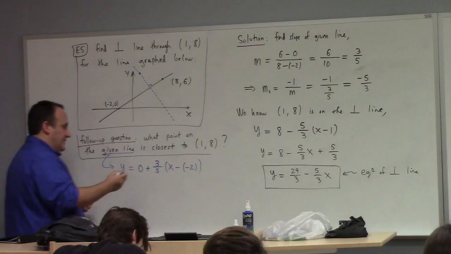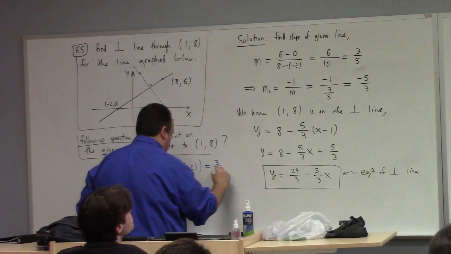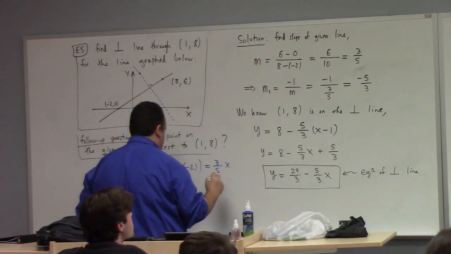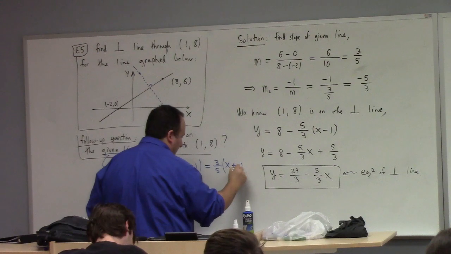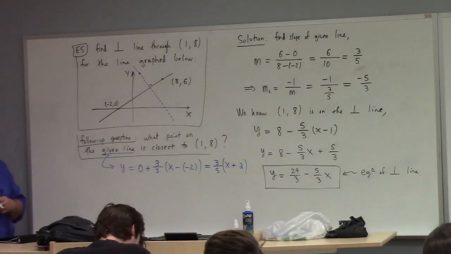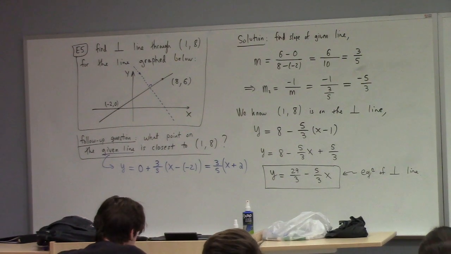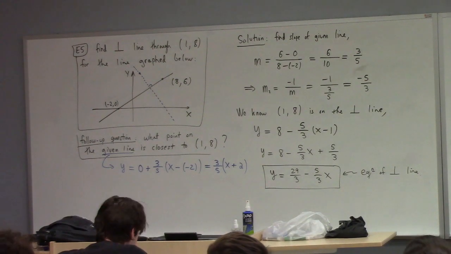Specifically that works out to 3/5 times x plus 2. There's the equation of the given line. Right next to it is the equation of the perpendicular line. If we want to find the point of intersection between the perpendicular line and the given line, we set them equal.